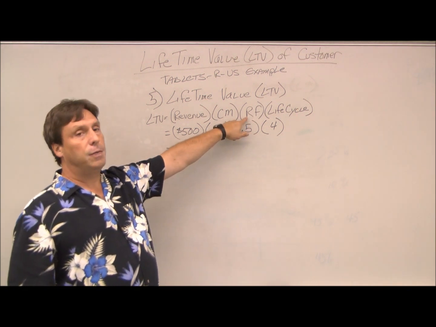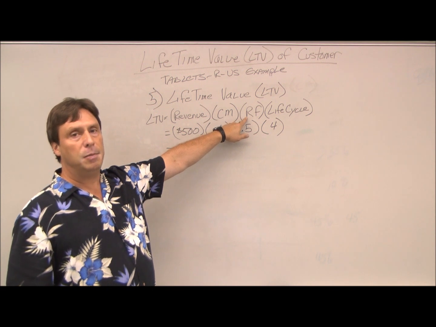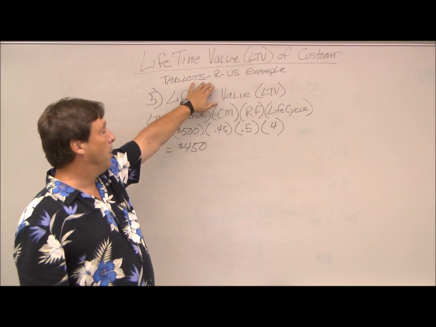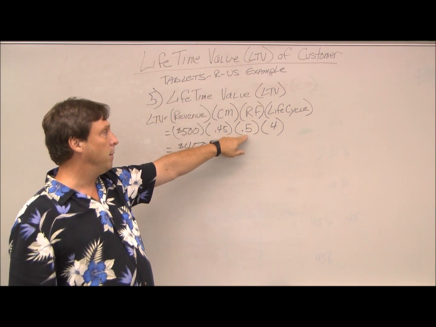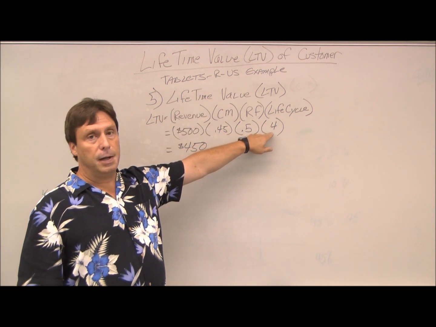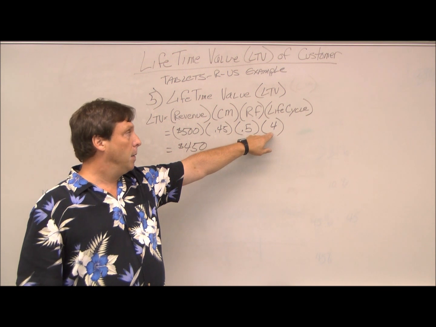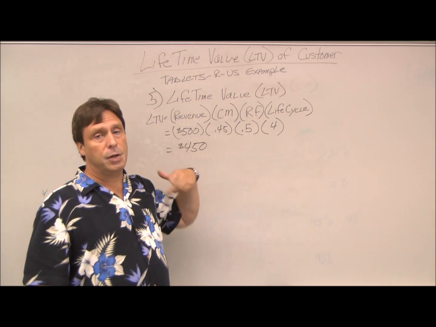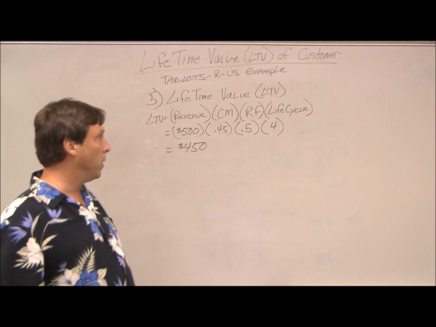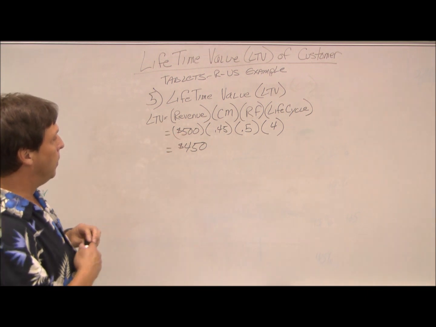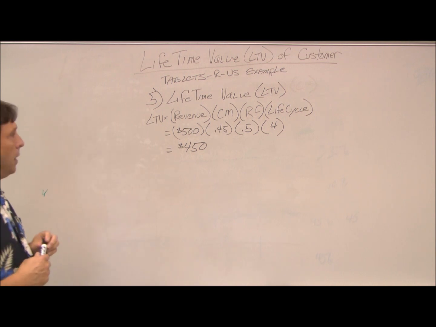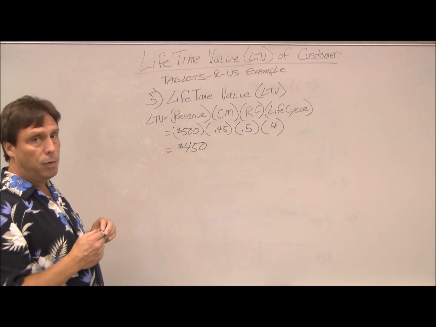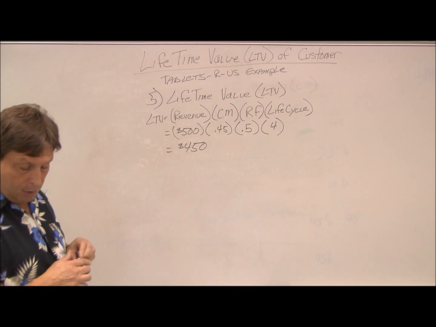Our repurchase frequency, how many times a year do they purchase? Well, we know from our example it was once every 2 years, so that's 0.5. In our life cycle, we know that was 4. An average customer stays with us for 4 years. We multiply all those together, and we know that our average customer value is $450.